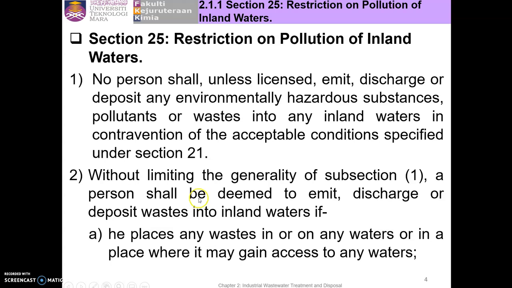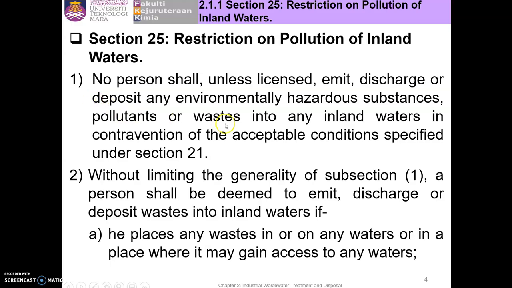Okay, now look at section 25, restriction on pollution of inland water. So under this section, no person shall, unless licensed, emit, discharge or deposit any environmentally hazardous substances, pollutants or waste into any inland water.